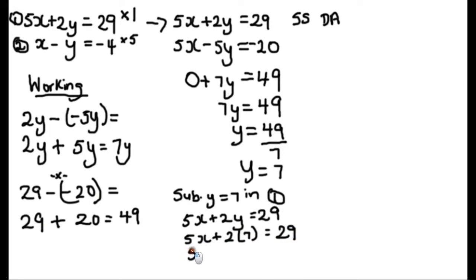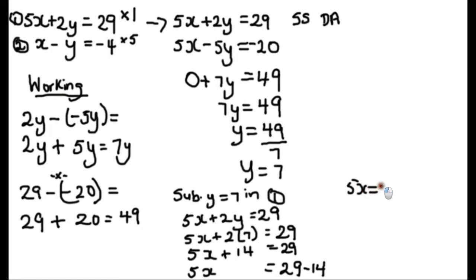And to simplify, 5x plus 14 equals 29. Now the 14, we want to move over to the right-hand side because we're quickly simplifying. It was positive, or plus 14, on the left-hand side of the equal sign. So on the right-hand side of the equal sign it is going to be the opposite, which is negative. So simplifying further, you have 5x equals 15.